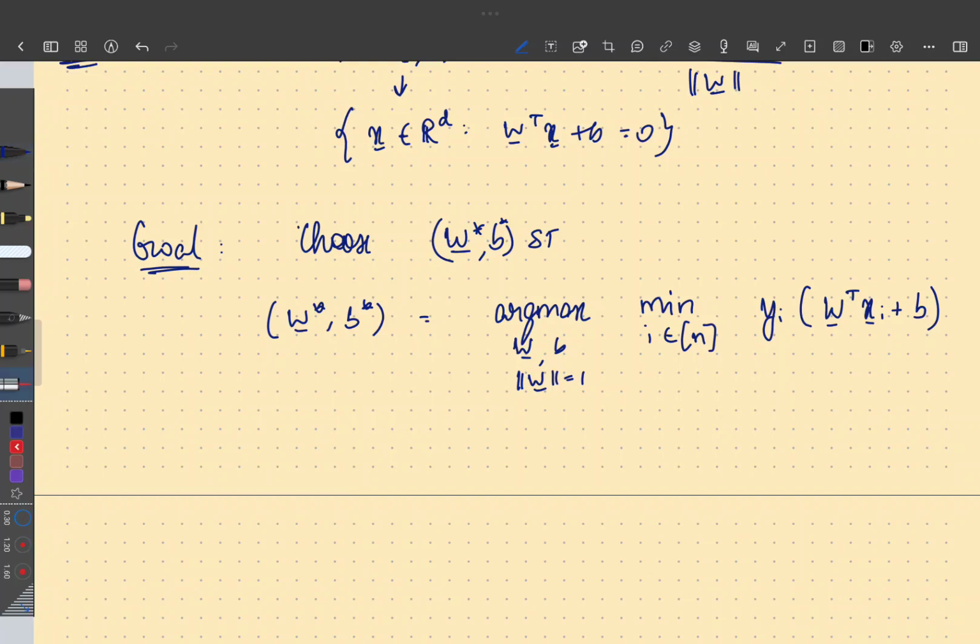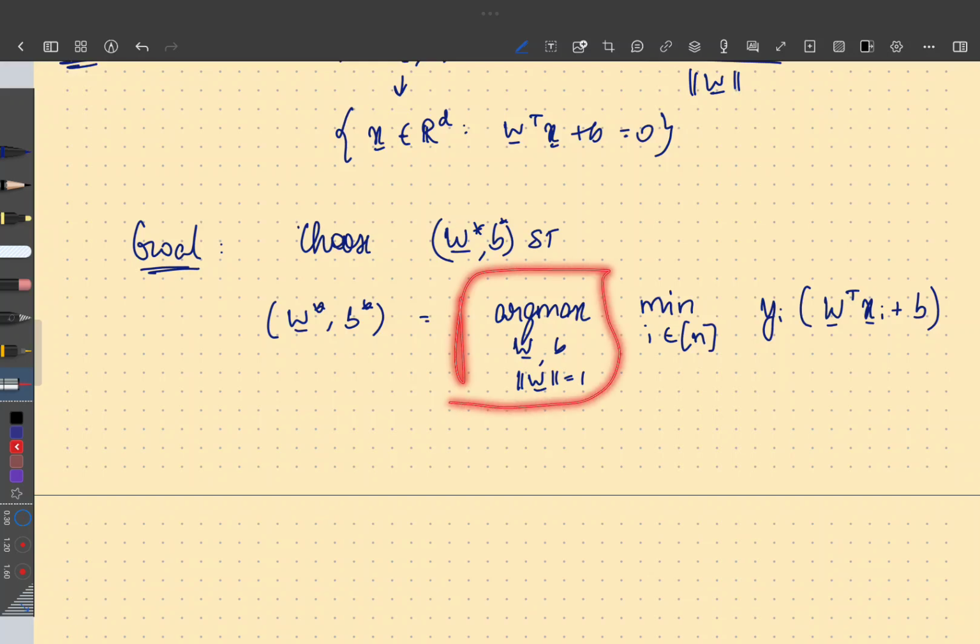And if you notice, if the classification is correct, then yi should be equal to the sign of W transpose xi plus b for all i, right? And suppose that one point is misclassified, then what would happen? Then it would mean that yi times W transpose xi plus b would be negative, right?